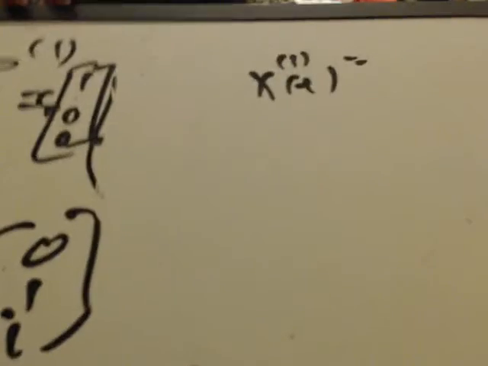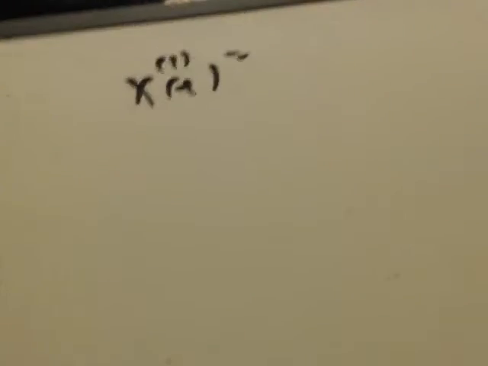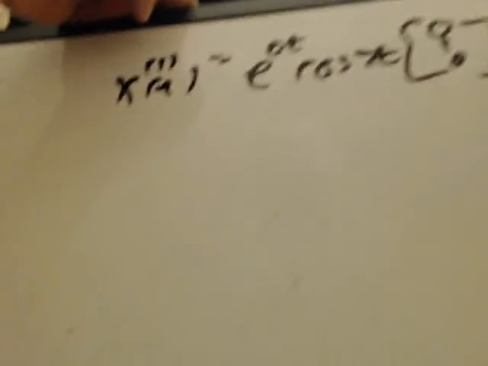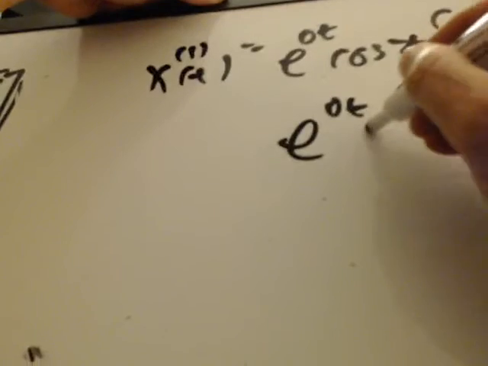So if we put in our big equation, we can say that x1 of t is equal to e to the 0t cosine 2t times a, 0, 1, 0, minus e to the 0t sine of 2t times 0, 0, 1.